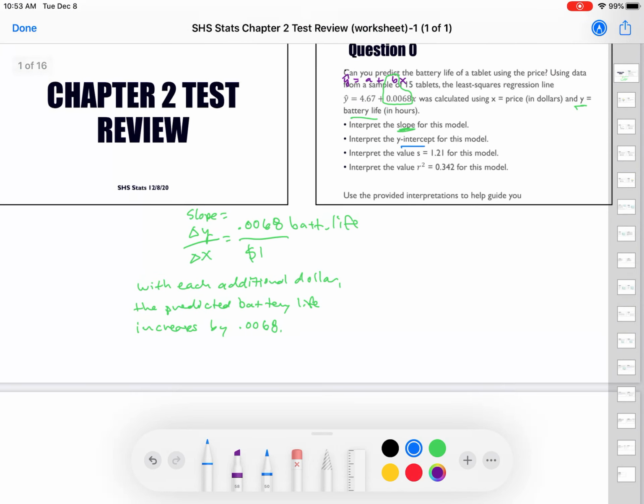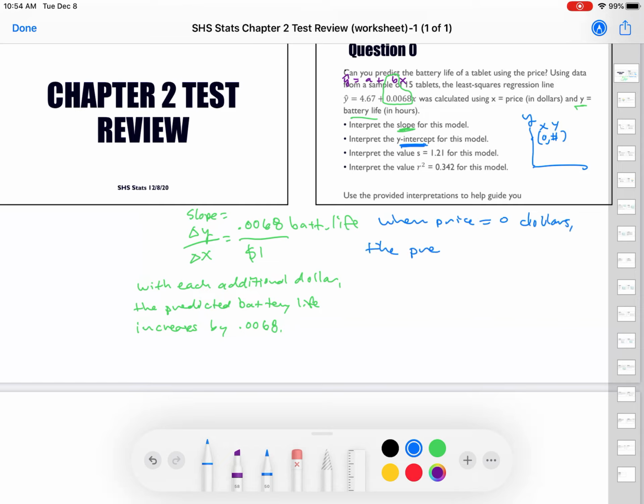What does a y-intercept mean? A y-intercept on a graph is 0 and some kind of number. So when x is 0, y is a number. So we can say when price is equal to $0, what's the predicted battery life?